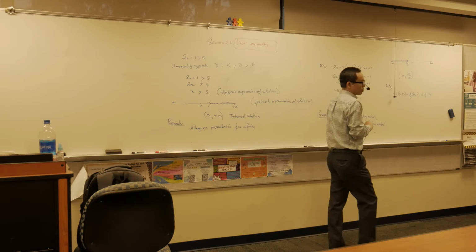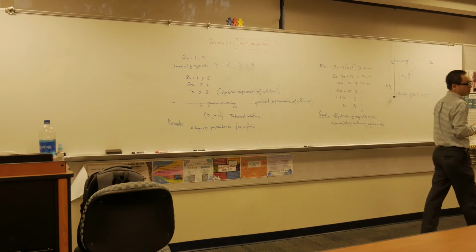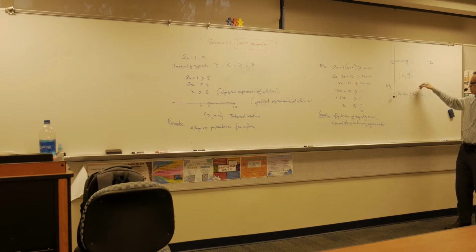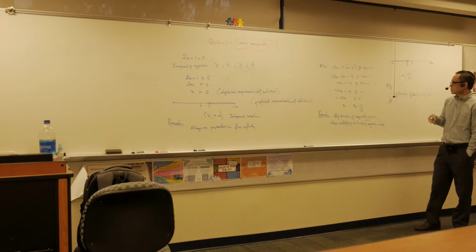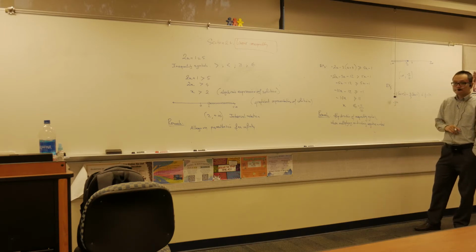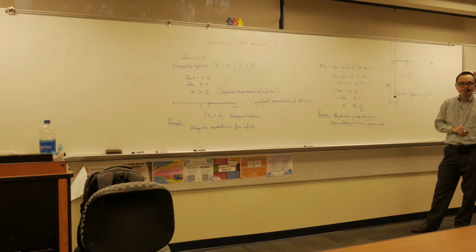We're going to treat it as the equation. Every time you see parentheses, go ahead and distribute. So negative 1 over 2 times x is negative 1 over 2x.